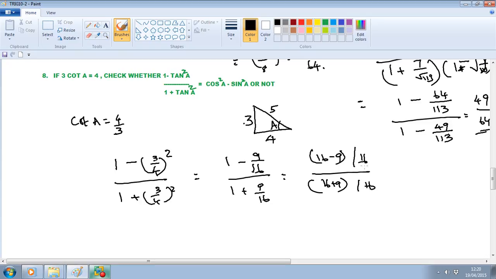The 16 and 16 will get cancelled. 16 minus 9 is 7, so 7 divided by 25.